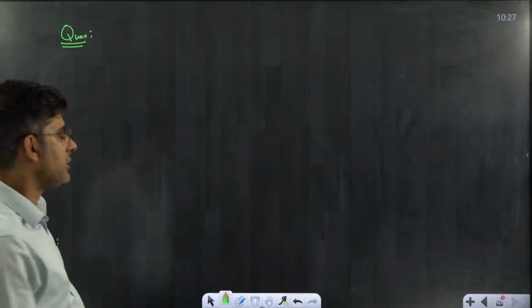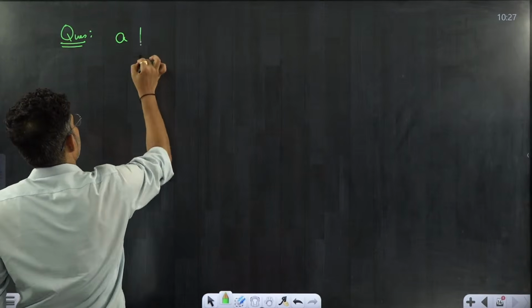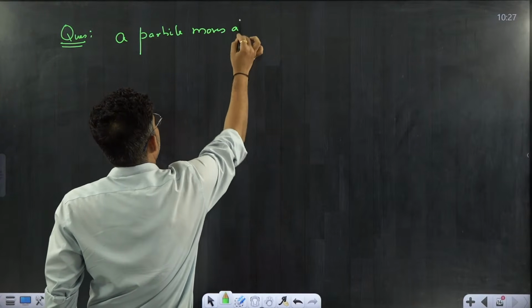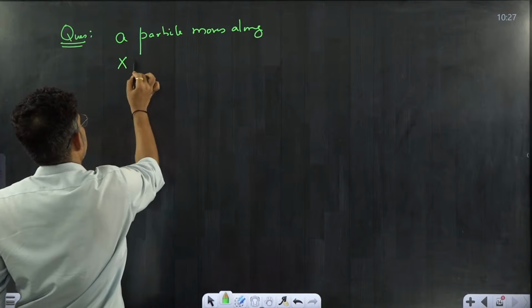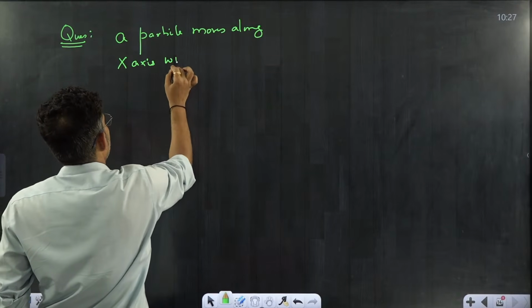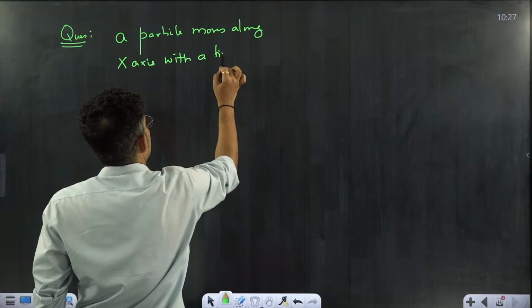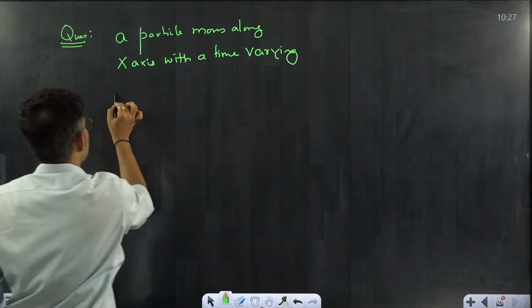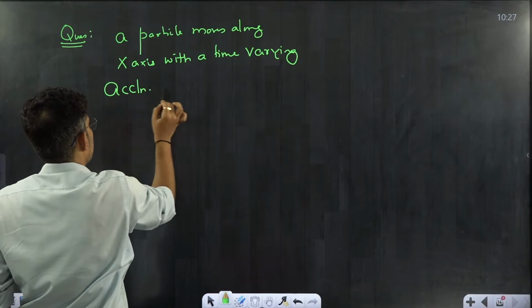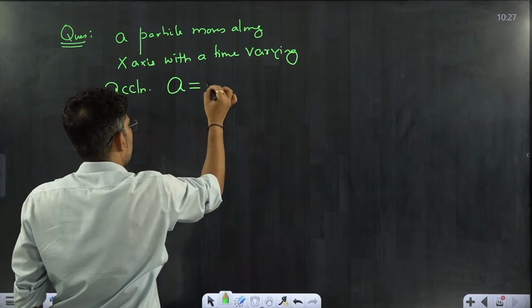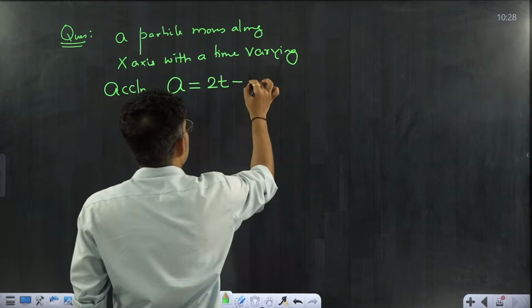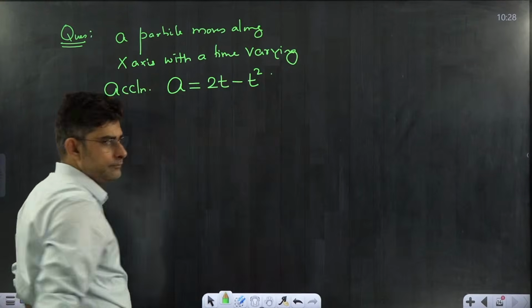Coming next to the question, suppose we have a situation where a particle moves along the x-axis with a time varying acceleration a equals 2t minus t square.